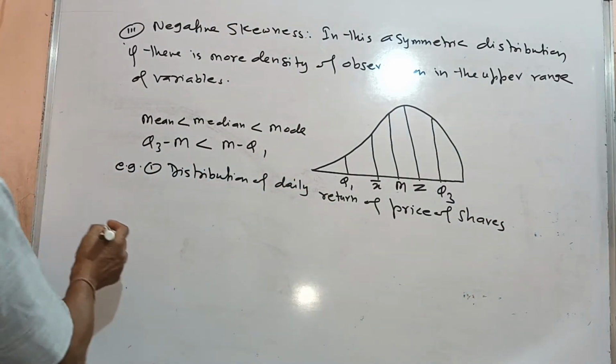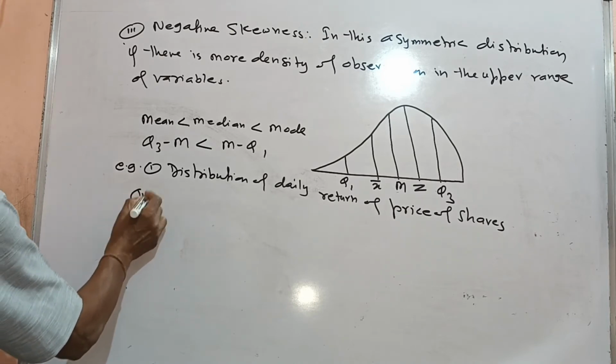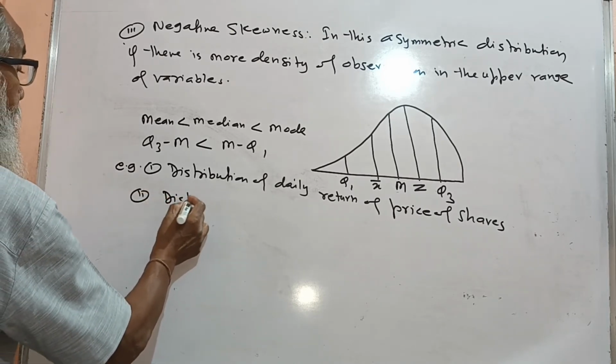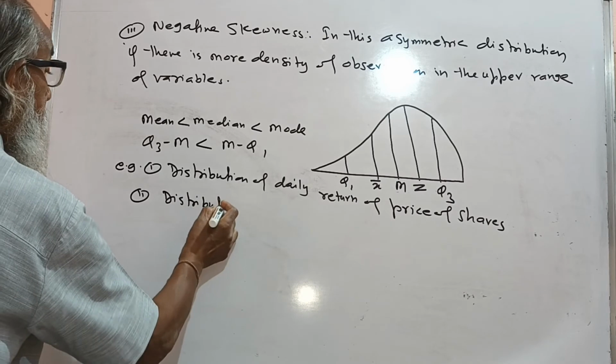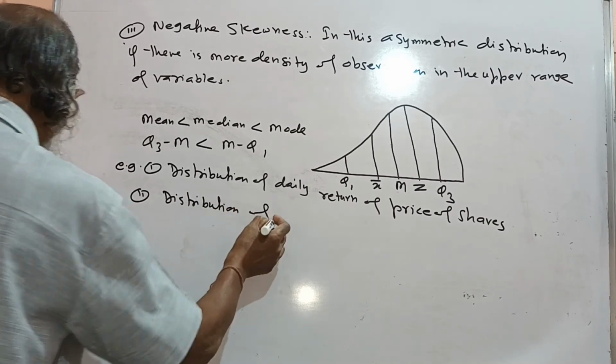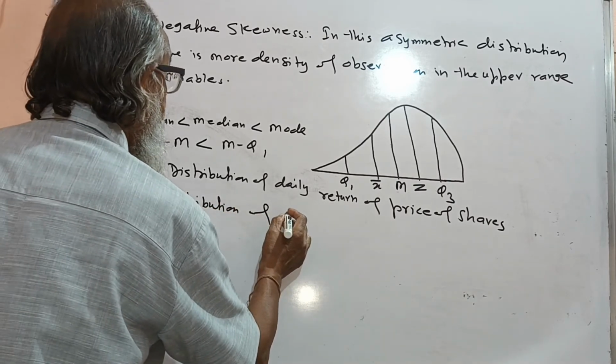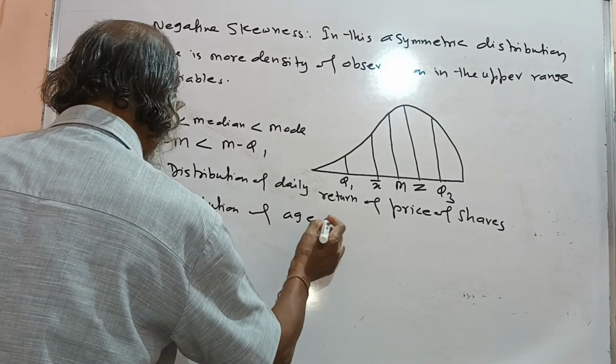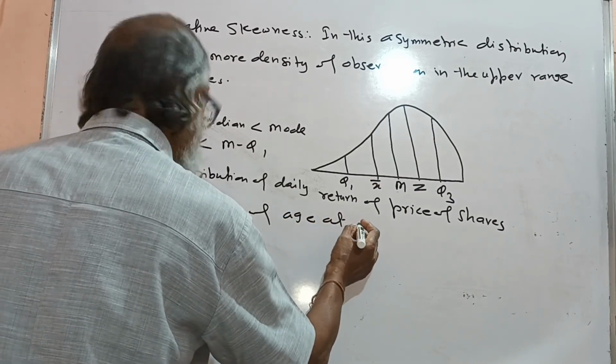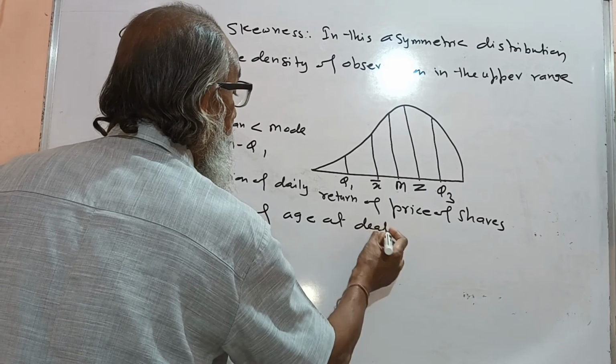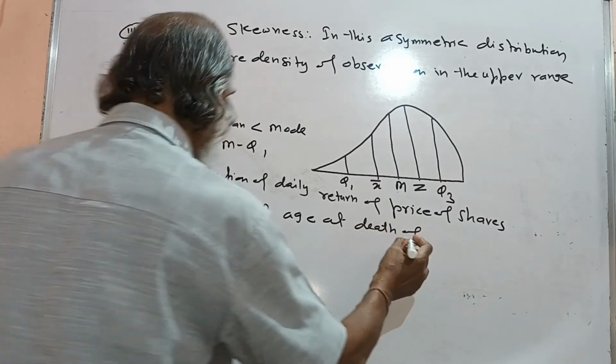Second, the distribution of age at death of individuals.